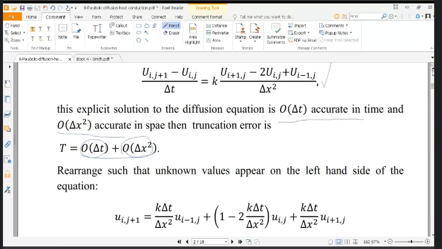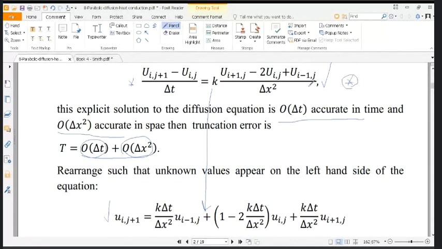Please pay attention. We have obtained this equation by rearranging the previous equation. This equation I mark with a star.